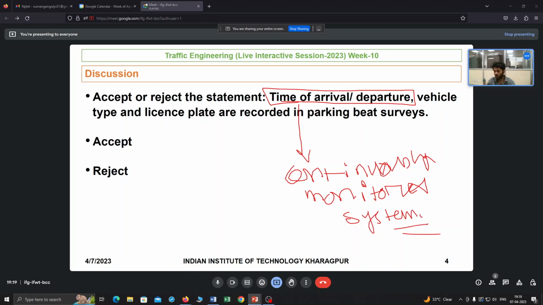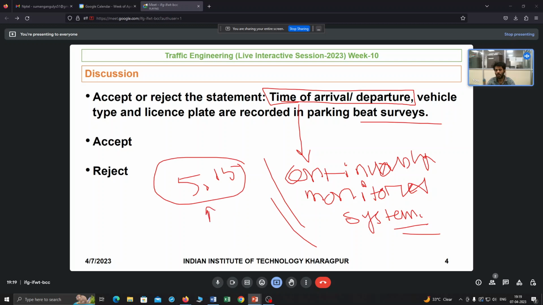It cannot be some other type of system, because in the case of a parking beat survey, whether we do it for 5 minutes or 15 minutes, even if we do it for a shorter interval, we don't know the exact time of entry of a vehicle, and sometimes even the departure of a vehicle. So that may not be known at all times. So this is a reject.